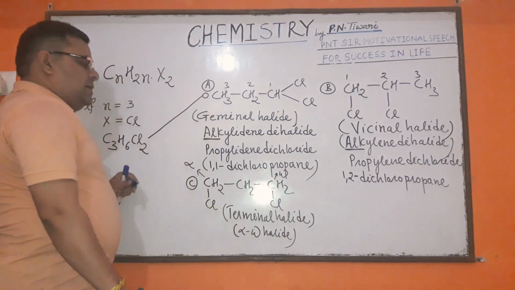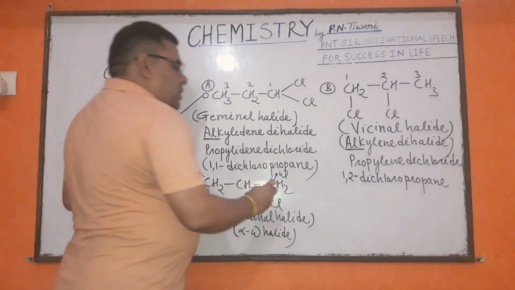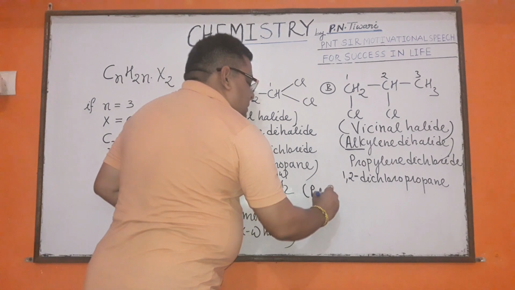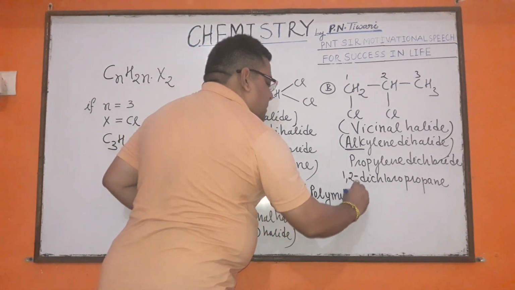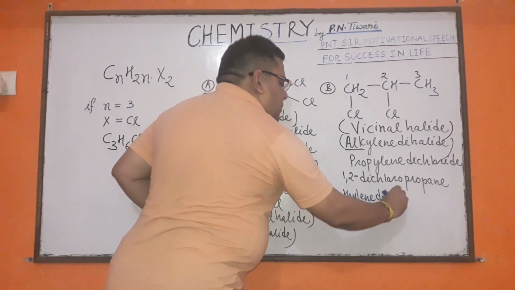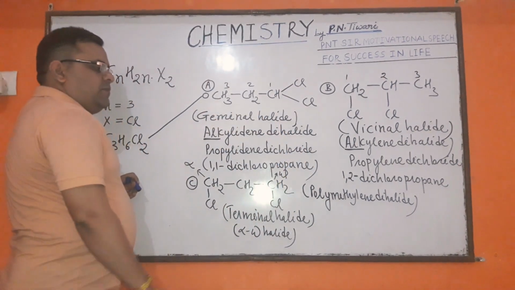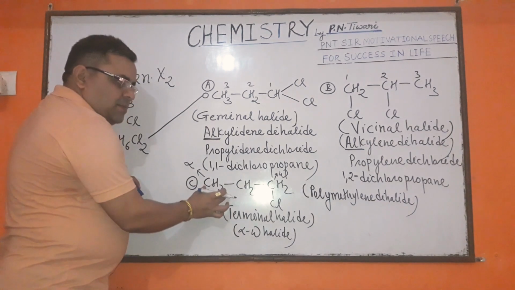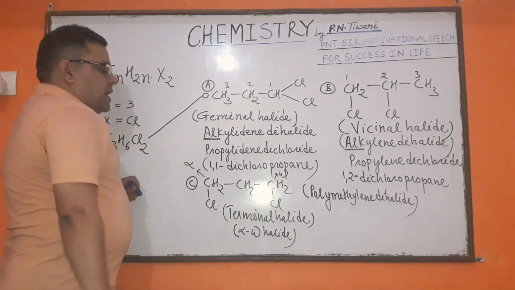And how can we write its common name? Its common name is written according to polymethylene dihalide. What is the meaning of methylene? This CH2 group is called methylene group. So what is the number of CH2 group in this dihalogen derivative?